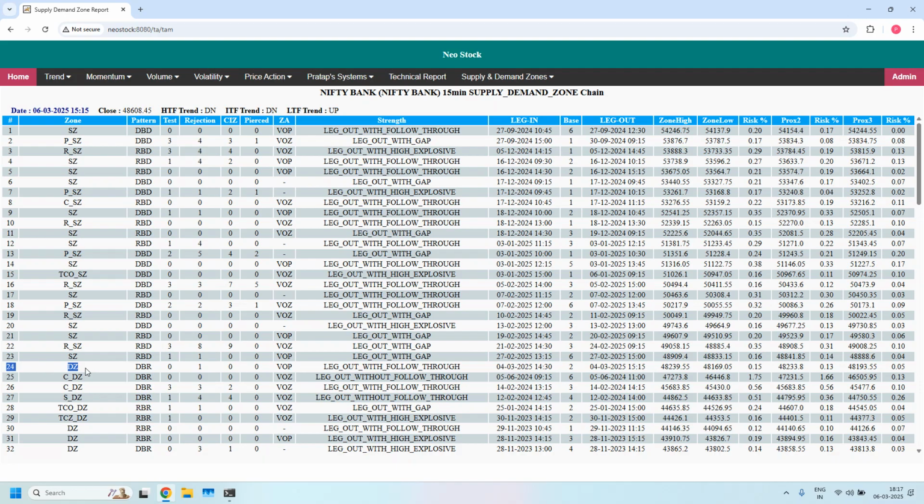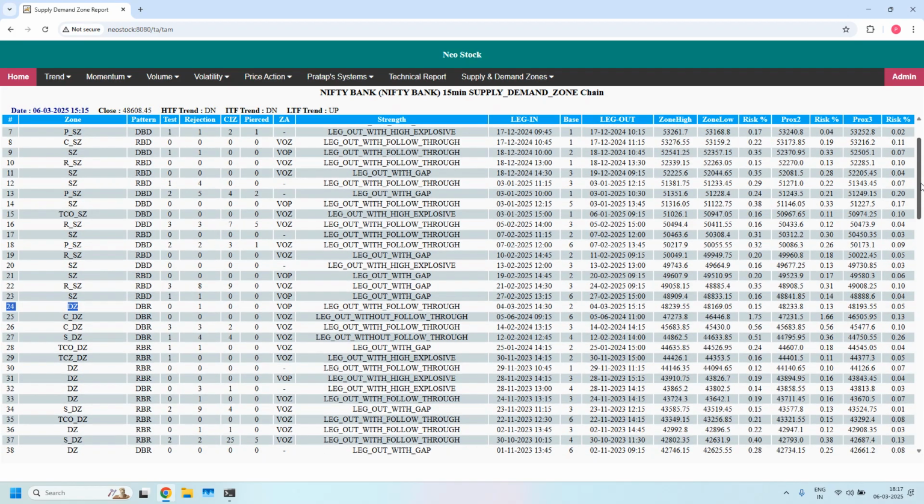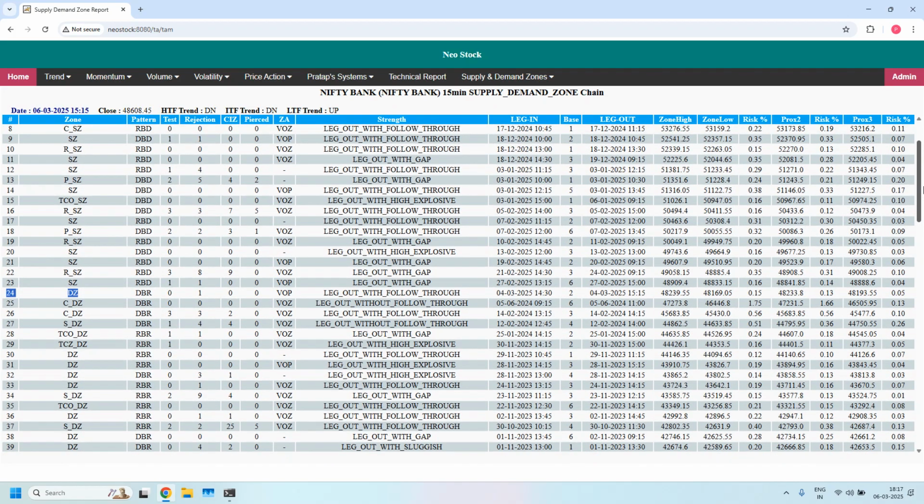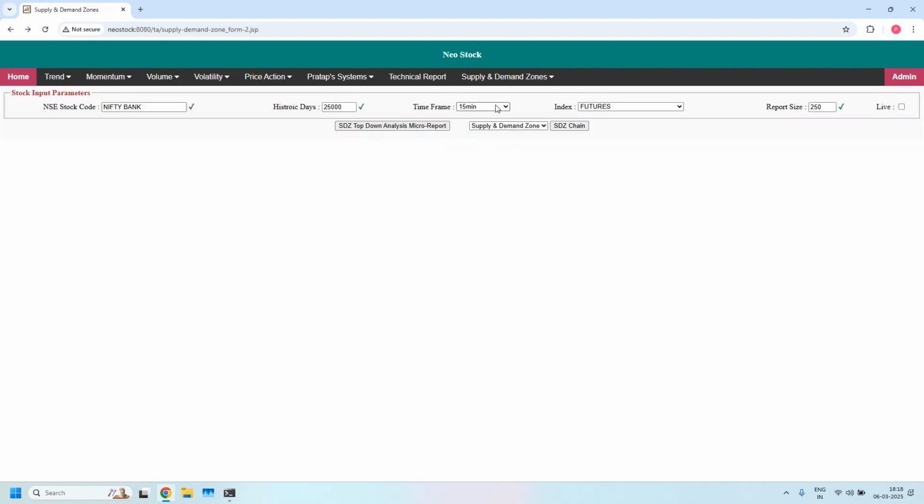Twenty-fourth is the nearest demand zone to the current closing price. I'm scrolling the list and putting it in the center. Okay. Next, 5 minutes supply demand zone chain for Bank Nifty.